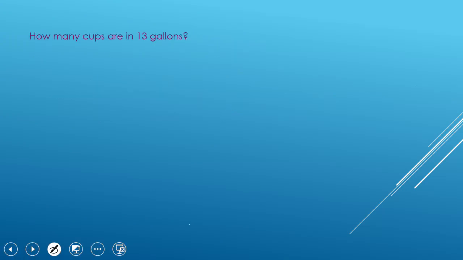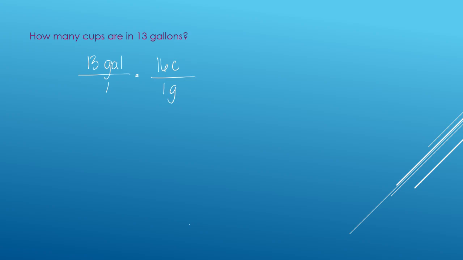So the question is, how many cups are in 13 gallons? I have 13 gallons. And I know that there are 16 cups in 1 gallon. I'm going to multiply across the top and across the bottom. When I do that, my gallons will cancel out, and I'll be left with cups. Now on the bottom, I'm just going to have 1, because 1 times 1 is 1.